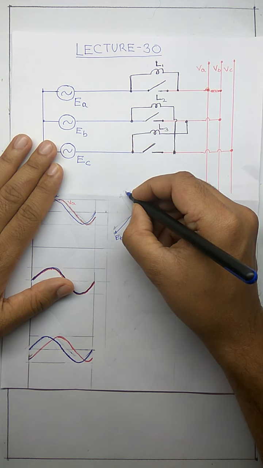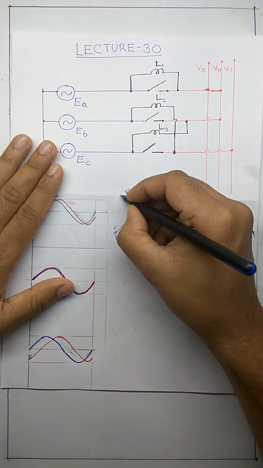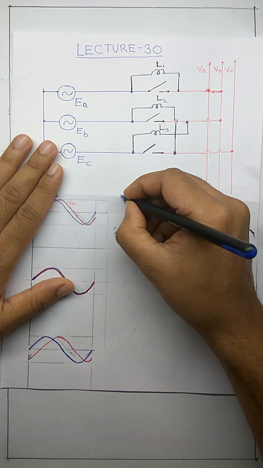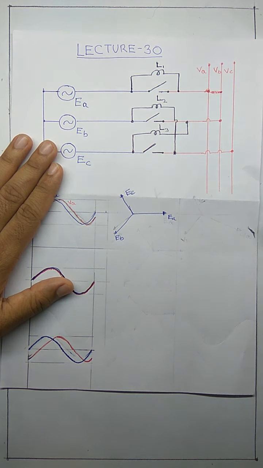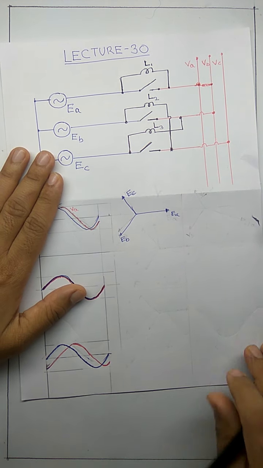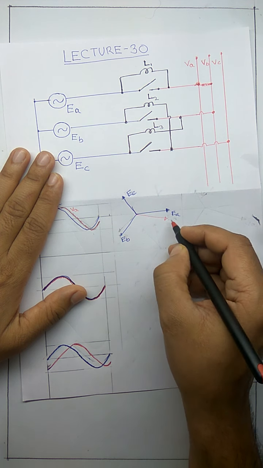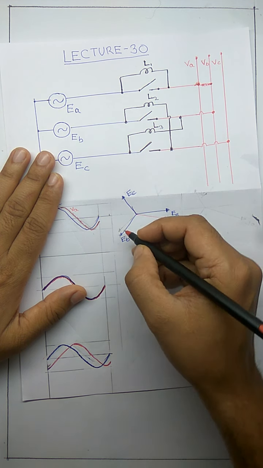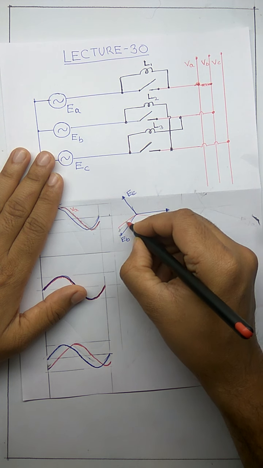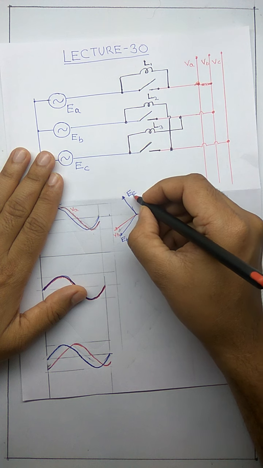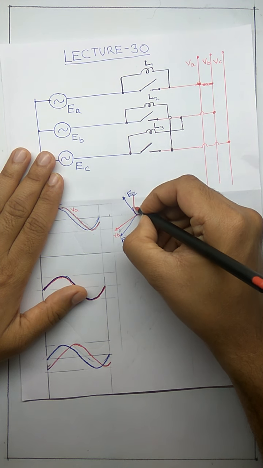This will be EC. Now my grid voltage will lag this one by some angle. So this will be my VA, this will be my VB, and this will be my VC.